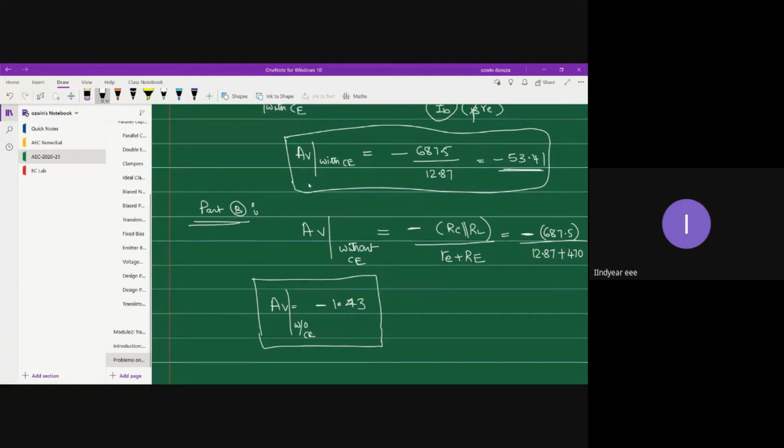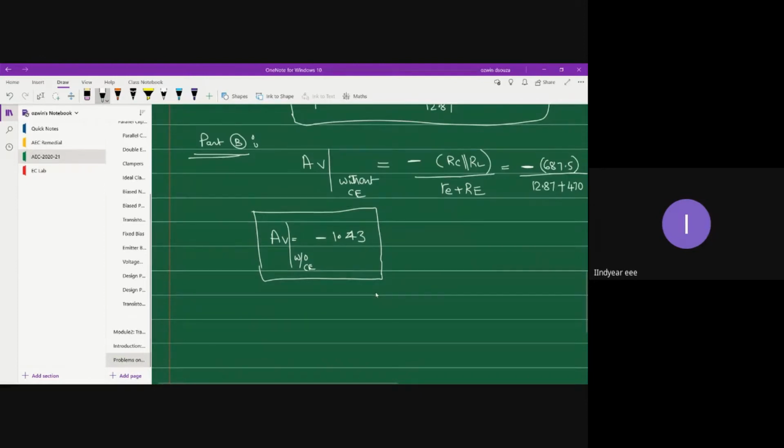Then it will be considered as the without bypass capacitor condition. So an amplifier which is expected to give a gain of 50 ends up giving a gain of almost 1.5. You can see the effect: a small capacitor causes such a huge difference. So you have to be very careful when you execute the RC coupled amplifier circuit.